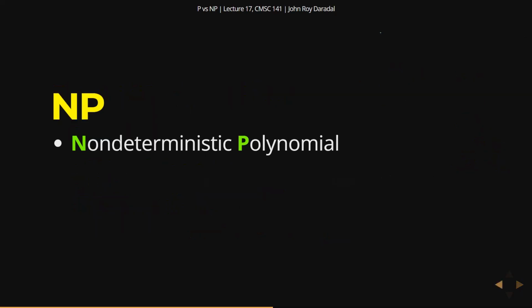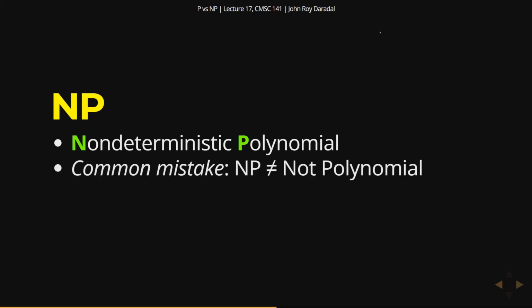We mentioned that NP stands for non-deterministic polynomial, right? The common mistake is that people who are not familiar with P versus NP think that NP means not polynomial. Well, that's just not true, because it's not yet proven that NP is really not polynomial.